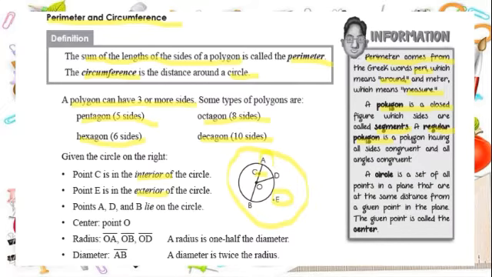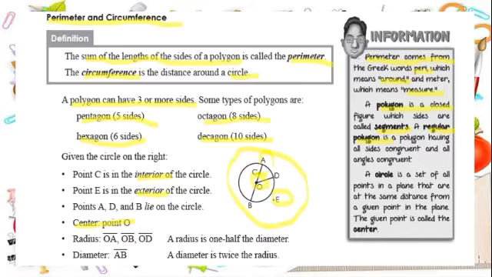Next, center, point O. If you say center, it is in the middle. So point O is here in the middle. It is the center. Okay? Did you follow? Next, radius. A radius is half of the diameter. A diameter is the measure across the circle. So we have the radius, segment OA.